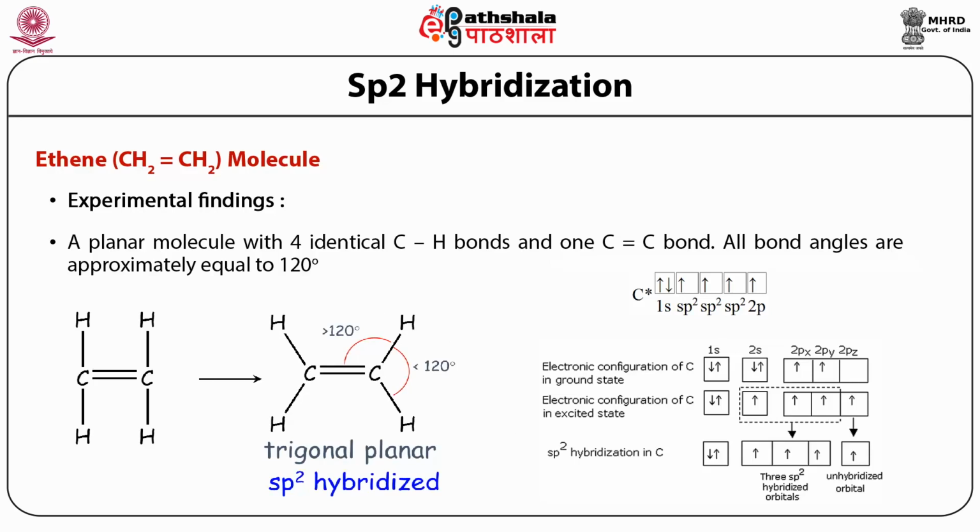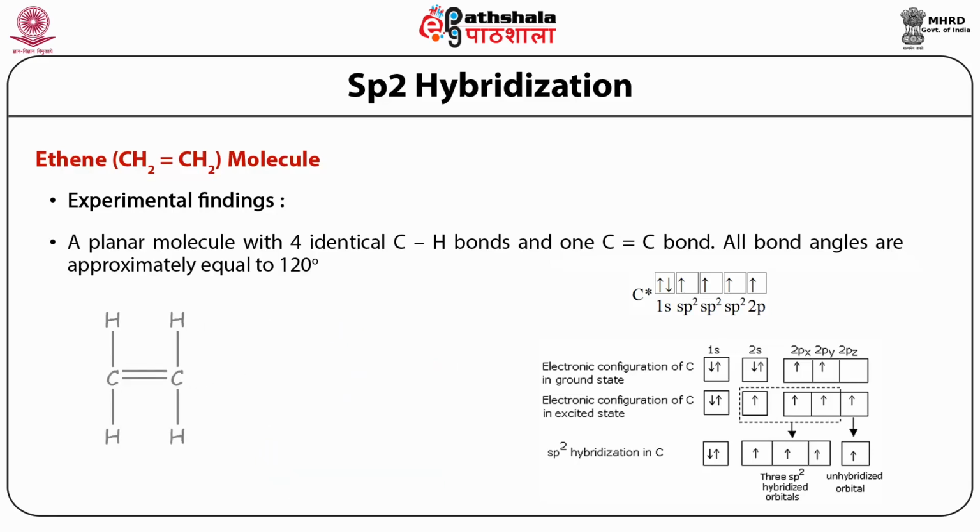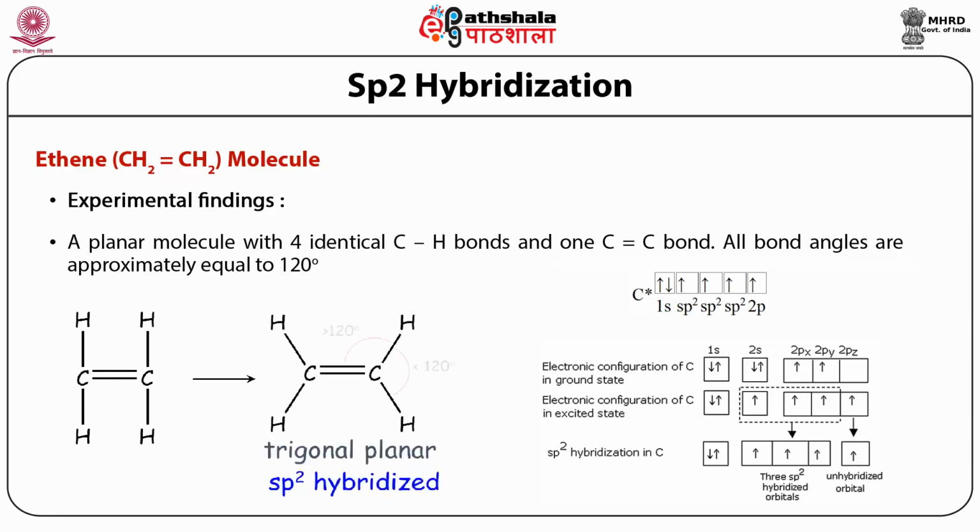The pi bond between the carbon atoms, perpendicular to the molecular plane, is formed by 2pz overlap. The hydrogen-carbon bonds are all of equal strength and length, in agreement with the experimental data.